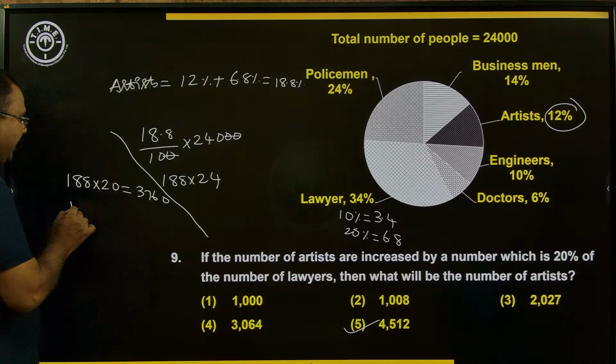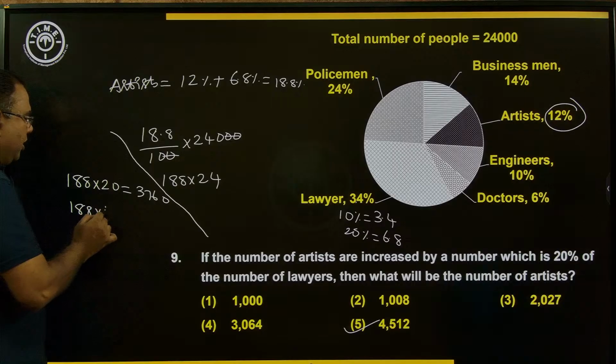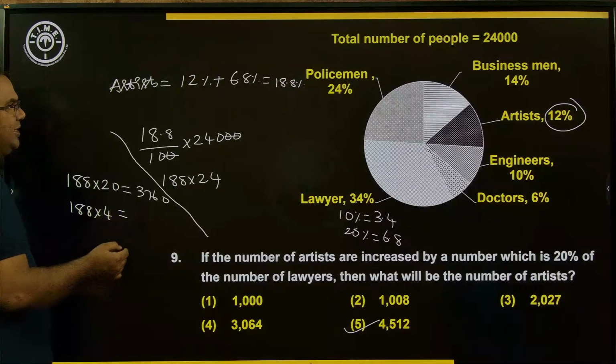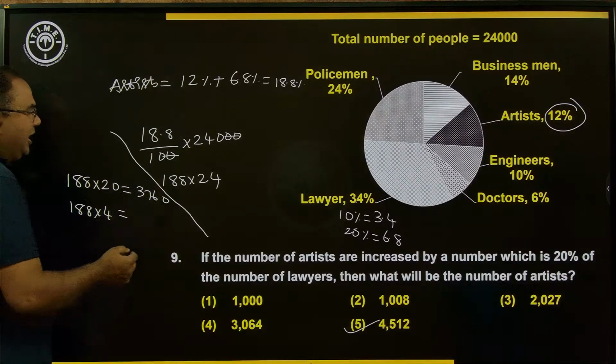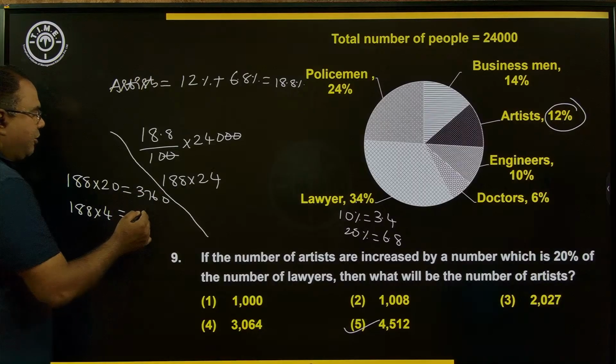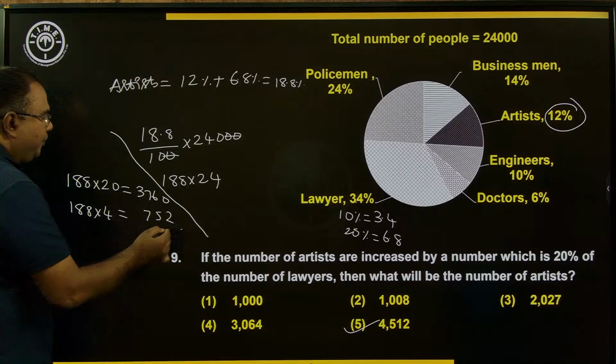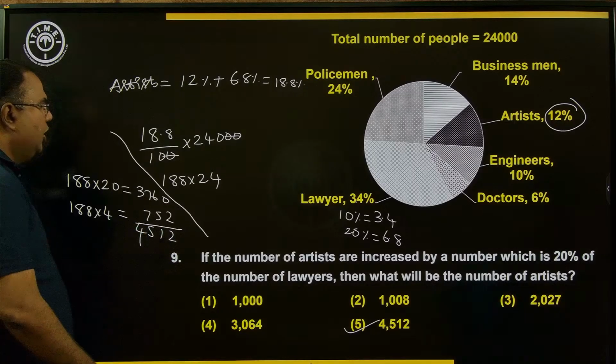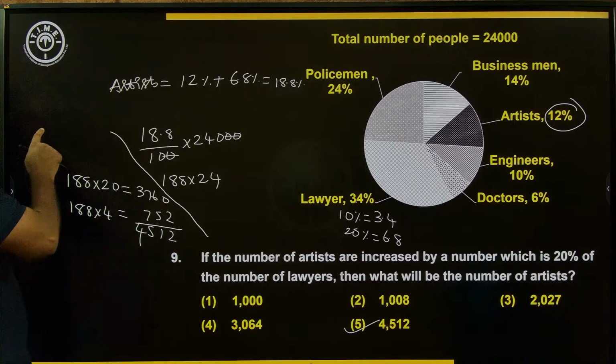So we have 188 into 4. 188 into 2 is 376. 4 times means it will be double. So 600, 152, 752. 4512 should be your answer. It is present in option 5.